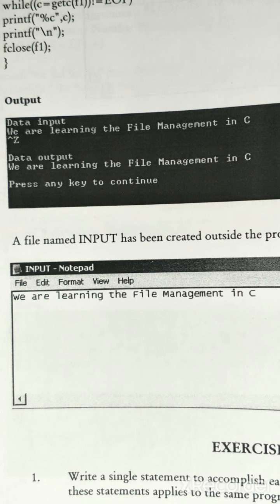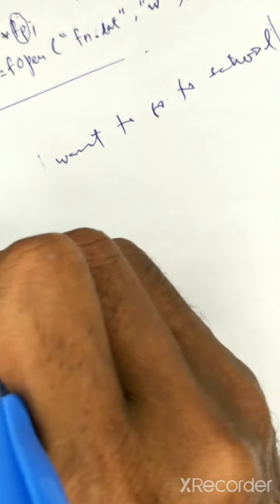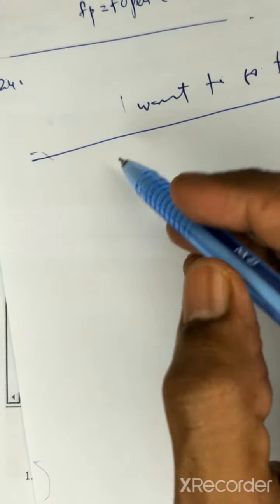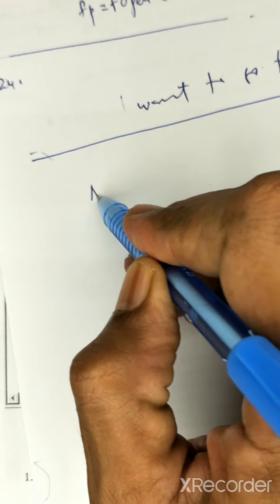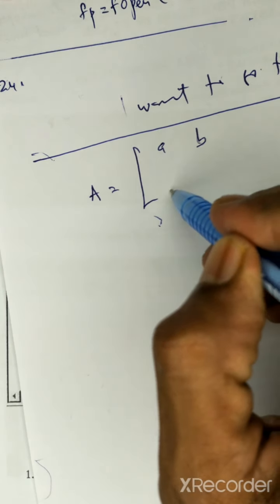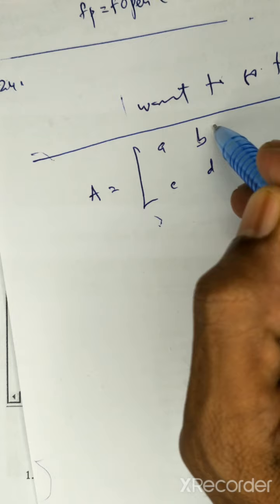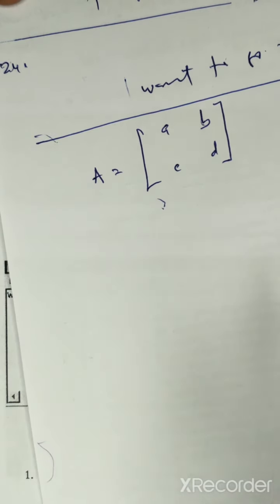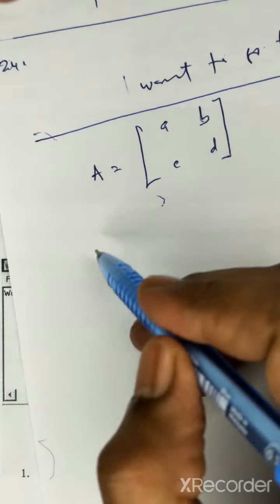Before I end this video, maybe we can discuss this if we have time. Can you think of this: if you have a simple 2x2 matrix, A B, C D, try to find the inverse of the matrix.